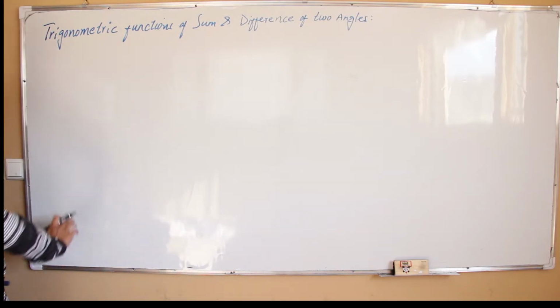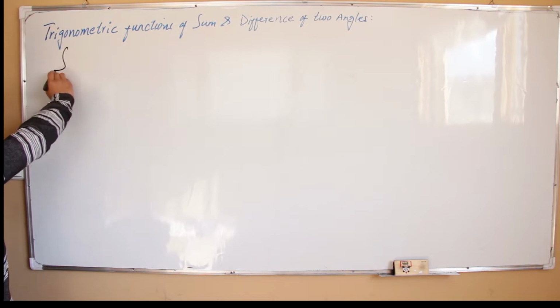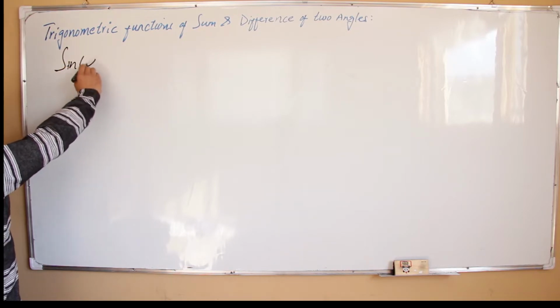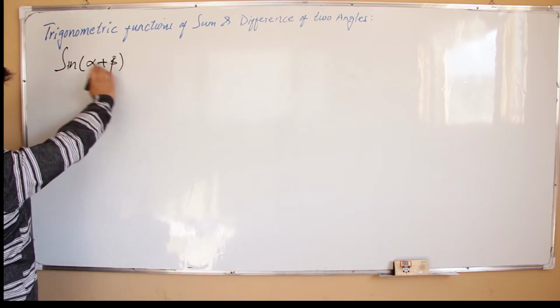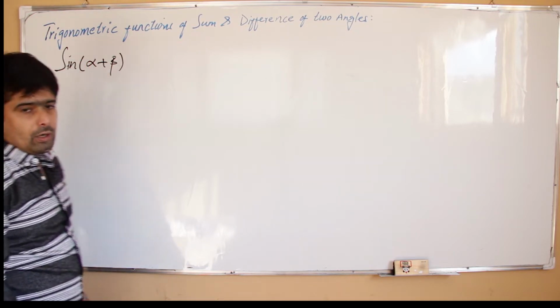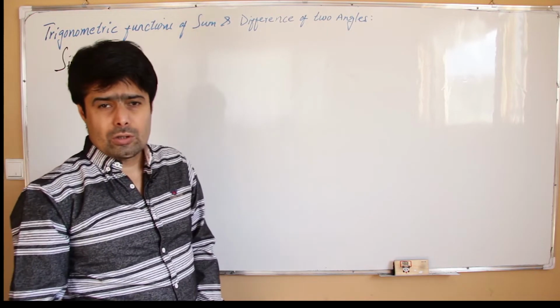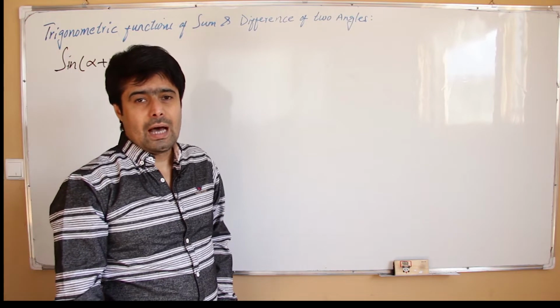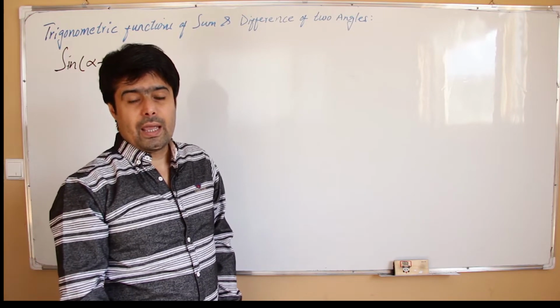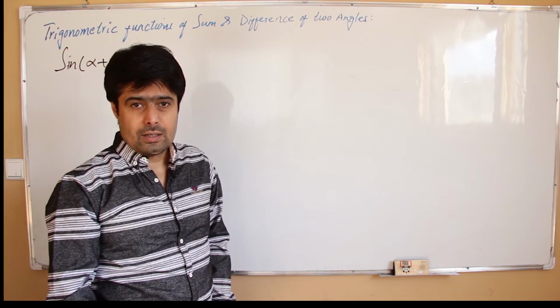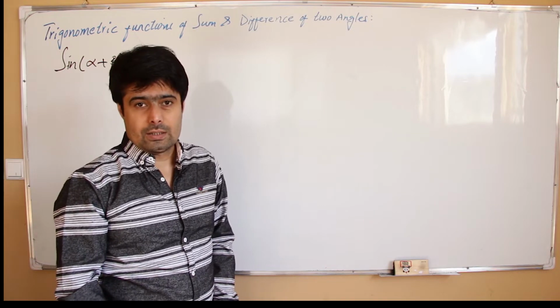In order to prove the statement for sine of alpha plus beta, cosine of alpha plus beta, and tangent of alpha plus beta, alpha and beta, or x, y, a, b, are acute angles.